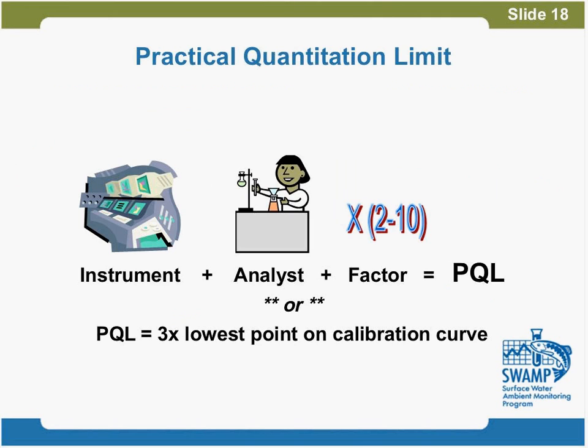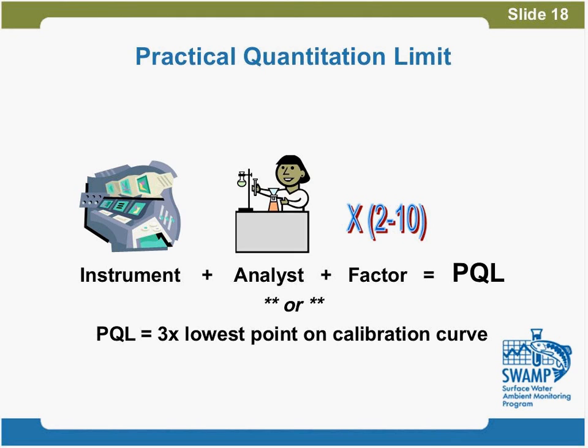We're going to move to our next definition, and this is practical quantitation limit. Now, I have a lot of issue with this because there is no one definition of practical quantitation limit.